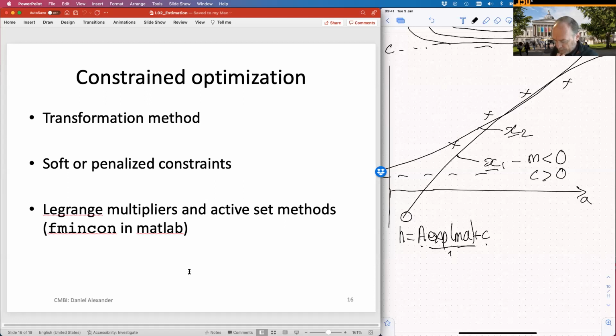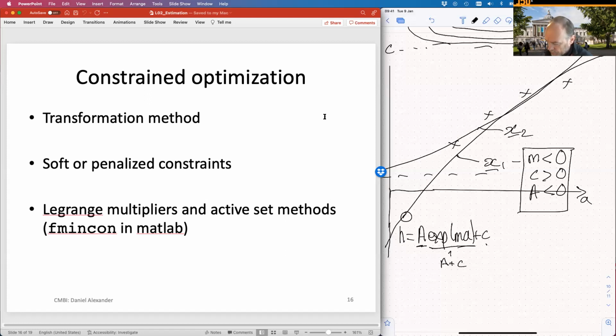And so h must have value A plus C. And so that means the intercept here, where this curve hits the a equals 0 axis, has value A plus C. And I think that tells us that big A here must be negative, because that intercept A plus C is less than C, which is up here. Okay, so I think we can finally infer that A must be less than 0. Okay, so those are constraints that characterize the solution that we don't want.